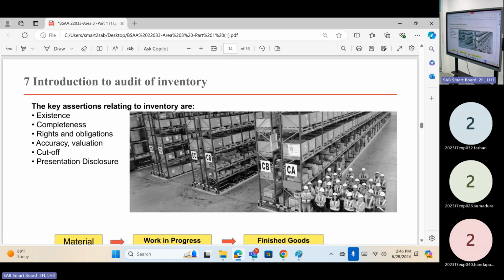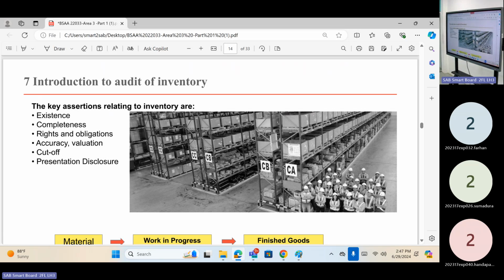Work in progress means that item may be in the half of the production process.